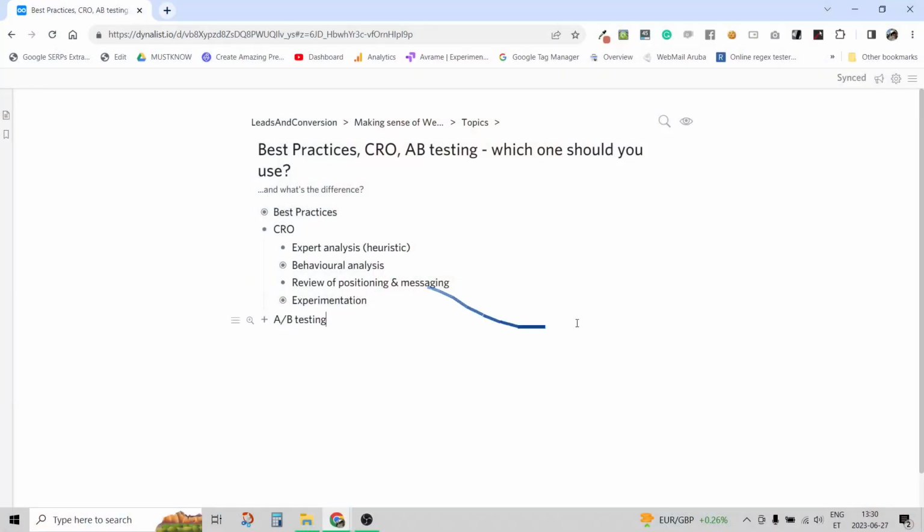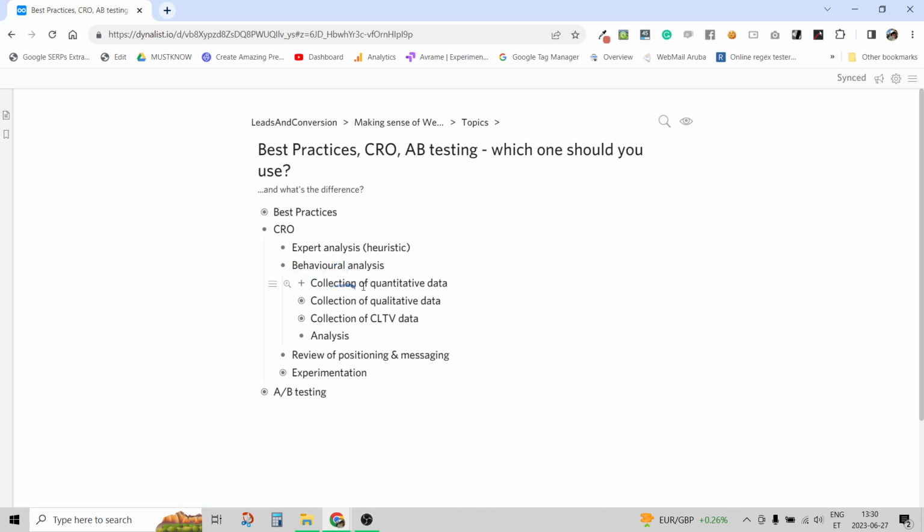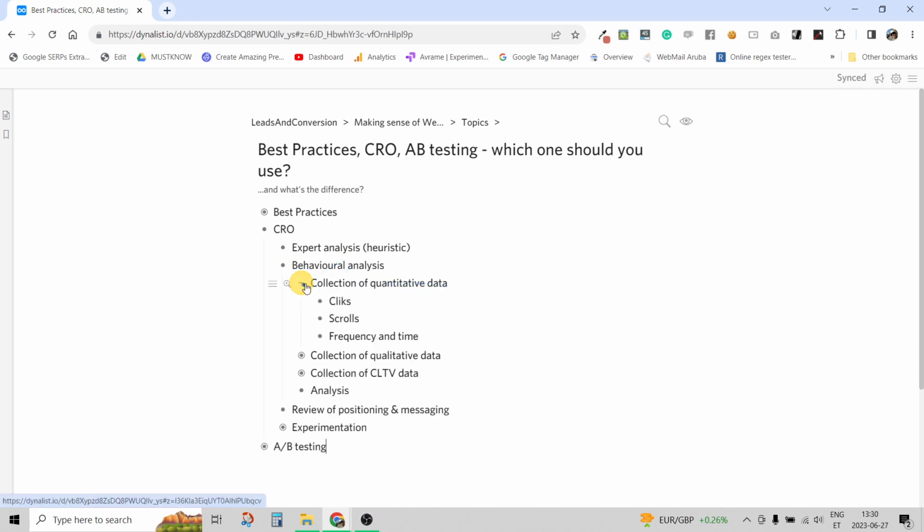Now let's look at the behavioral analysis. We are first going to collect quantitative data. By quantitative data, I mean clicks, scrolls, frequency, and time. How many times are people coming back to your website? Are they coming back at all? How much time do they engage with a piece of content?